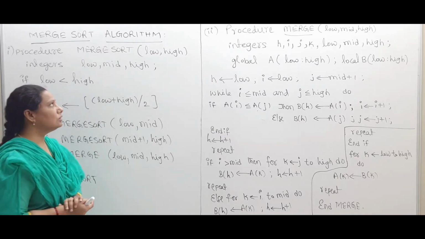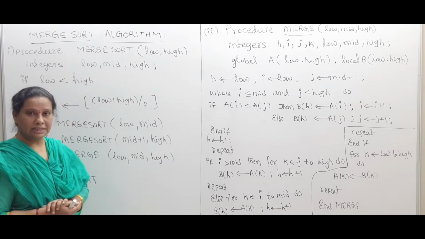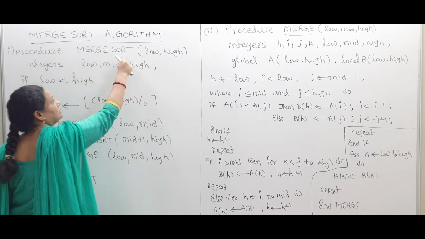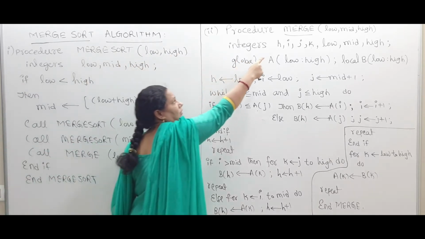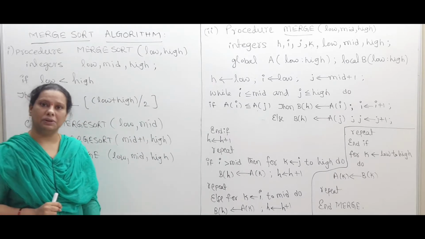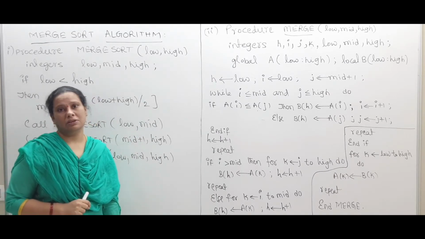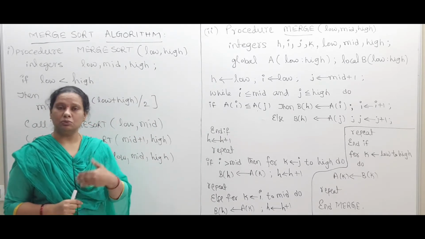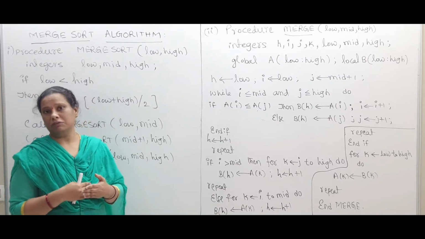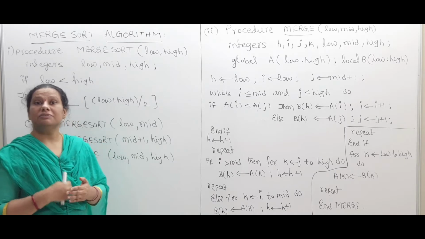Merge sort takes help of two algorithms. The first algorithm is merge sort, the second algorithm is merge. As I told you in the last video, we will perform sorting with the help of two steps. What is the first step?